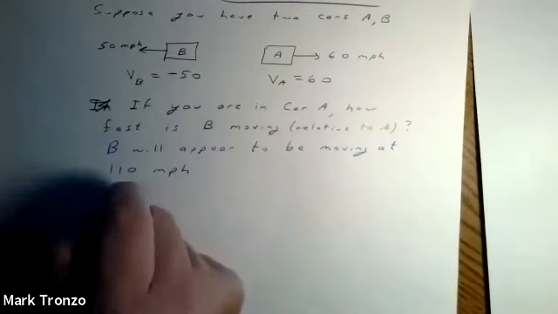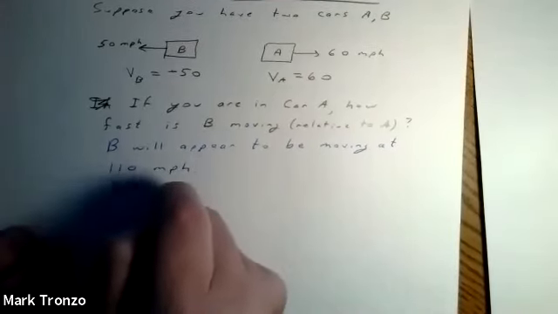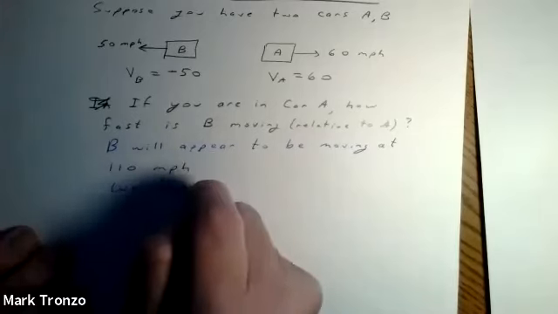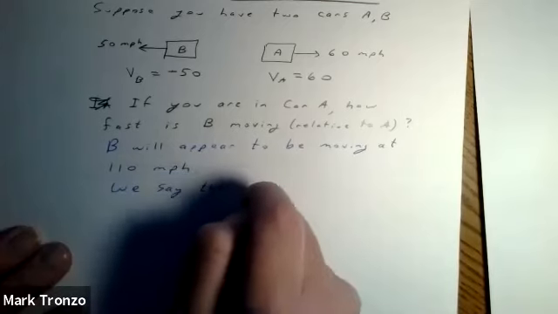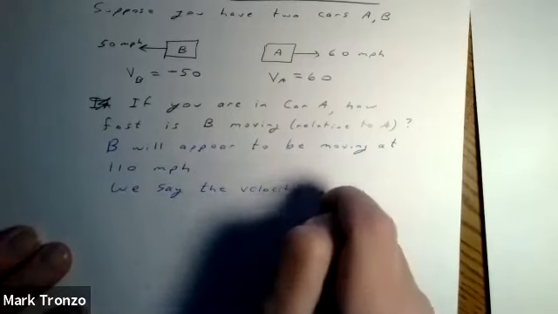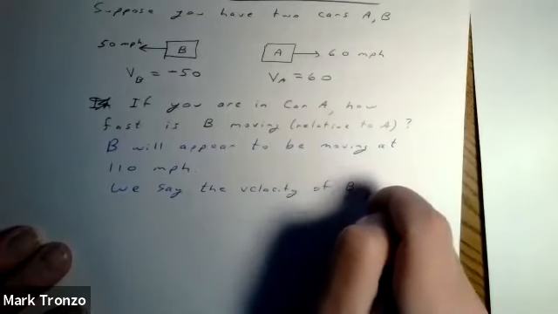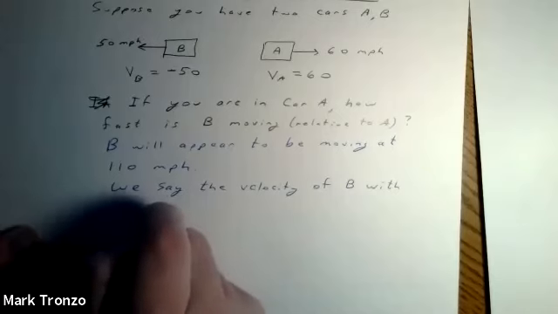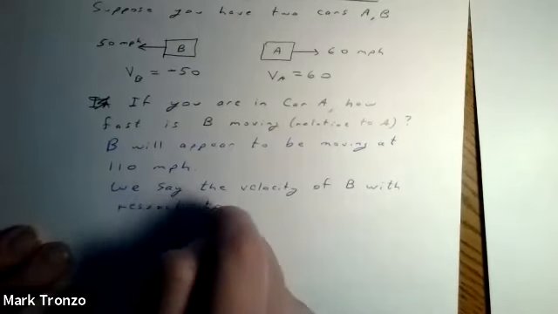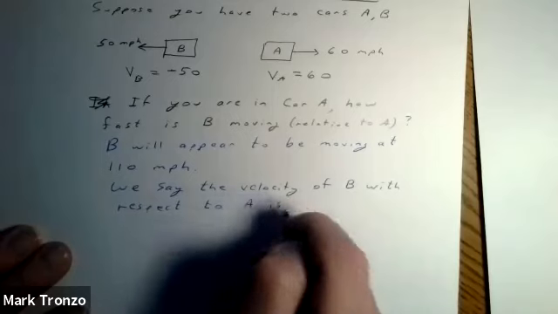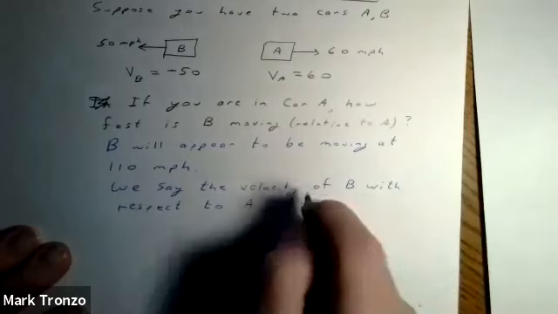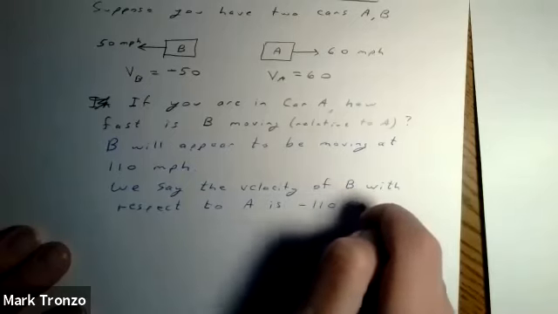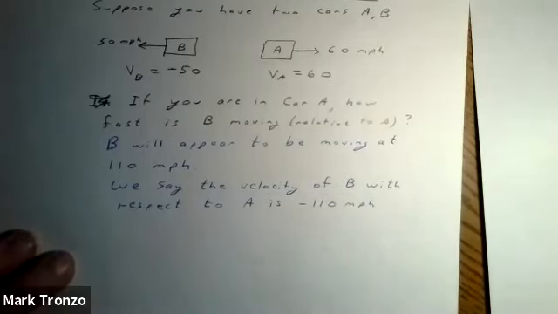So this is the terminology: we say the velocity of B with respect to A is, and we should put the sign, minus 110 miles per hour, mainly since B is moving in the negative direction.